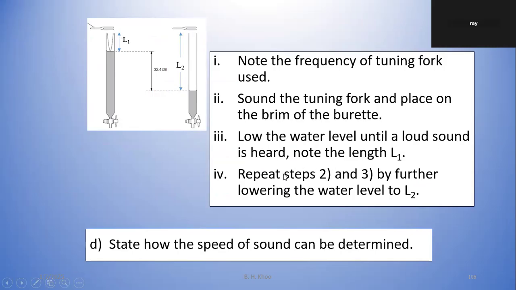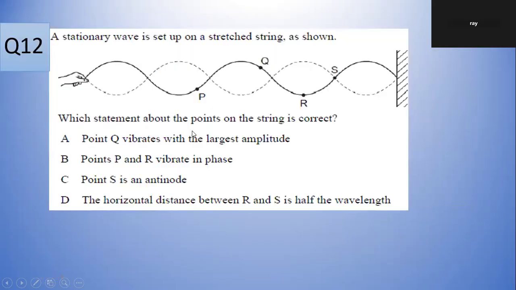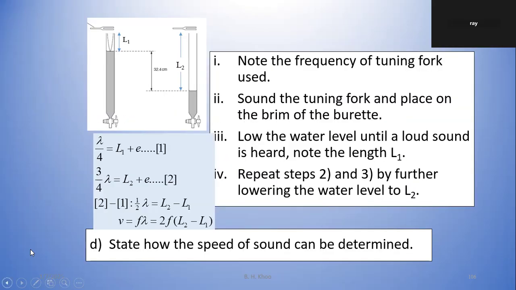Repeat steps 2 and 3 by further lowering the water level to L2. Then just L2 minus L1. Half lambda is L2 minus L1, then speed is f times lambda.